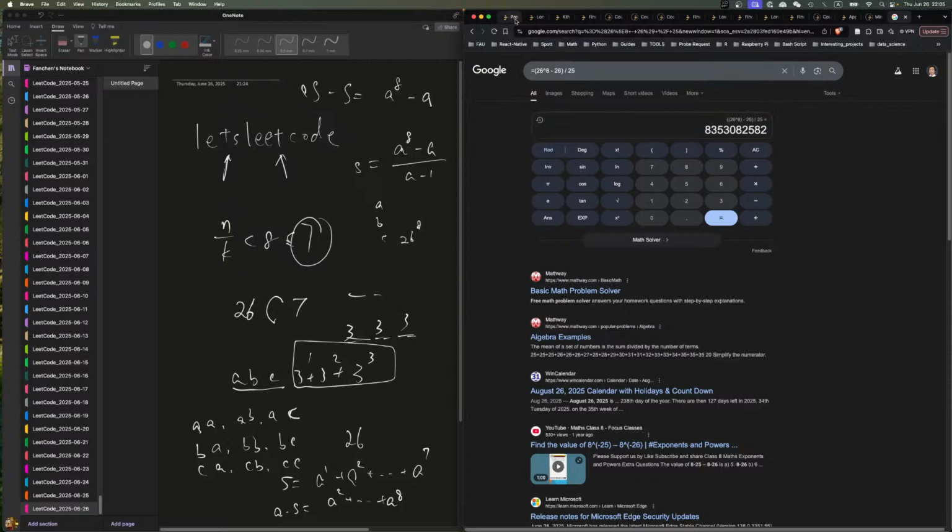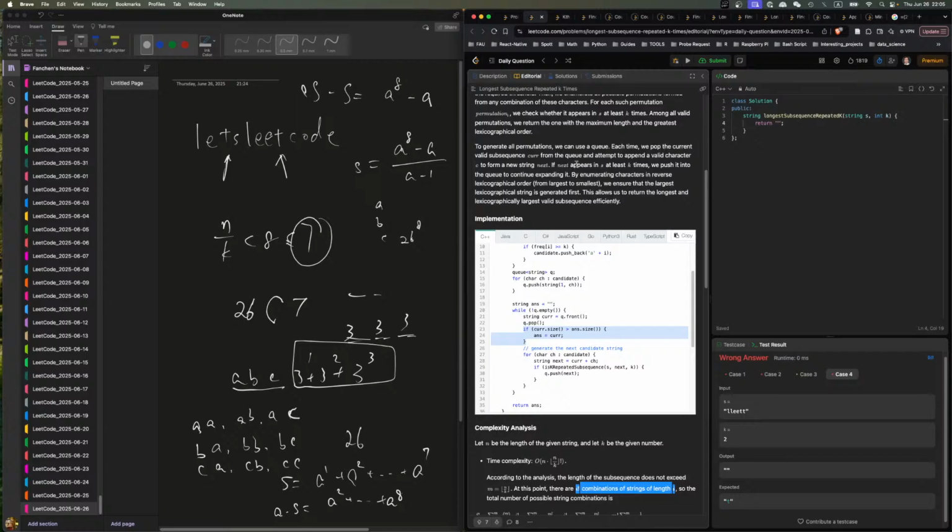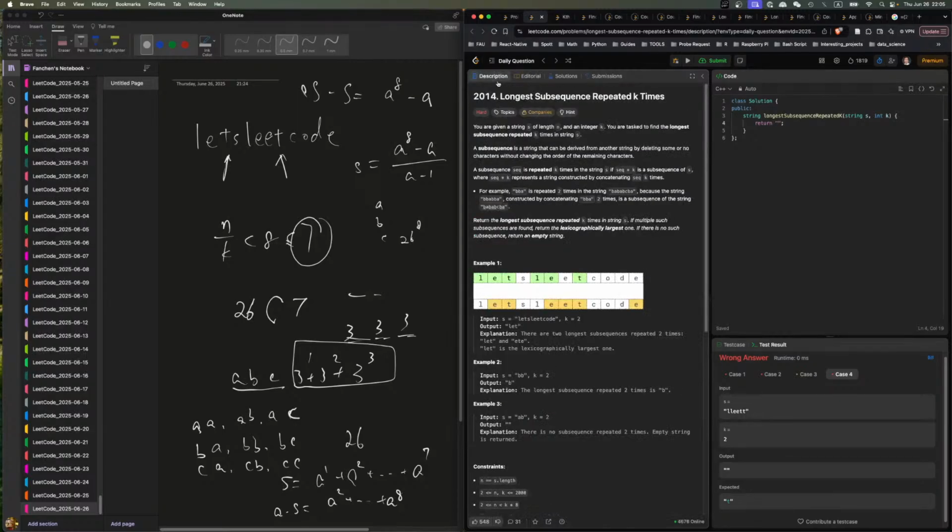Well, they also have restrictions on the size, right? The largest is 2,000.